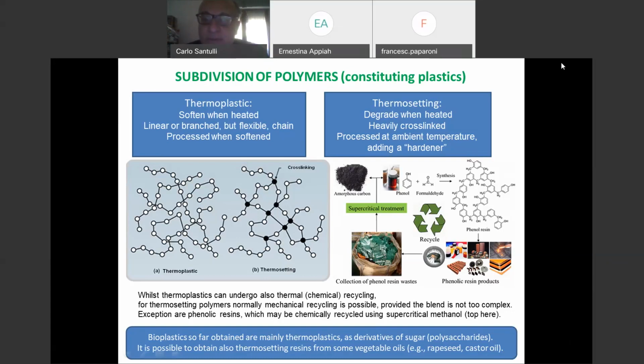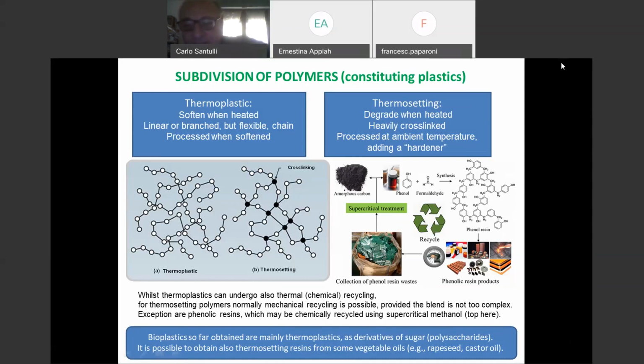So we have a lot of phenolic resin products, and there is the possibility of recycling. Phenolic resin products are regarded as non-biodegradable because they are thermosetting, but might be treated in some cases.